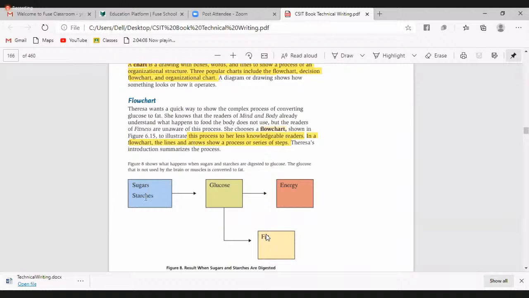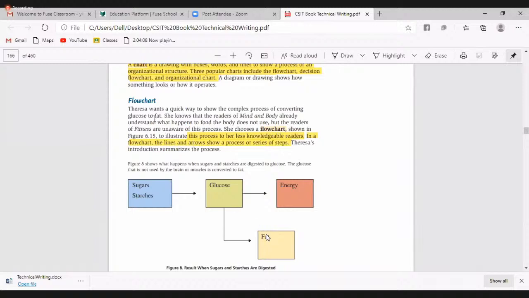Okay. So here, what do you find? Sugar, starch. So from this, when there is a process, then what comes? Glucose. And then from glucose, after processing, what comes? Energy comes and fat comes, isn't it? So this indicates that through a process we get energy, we get fat.